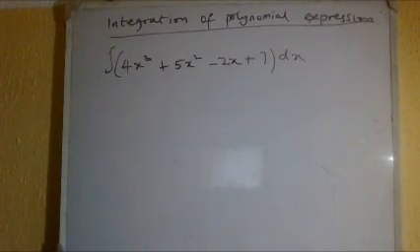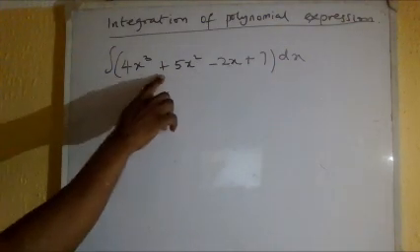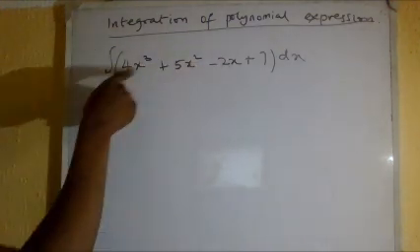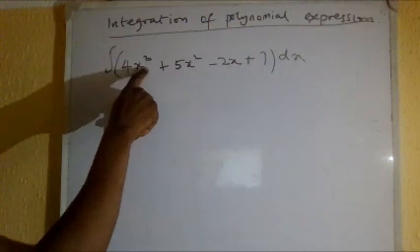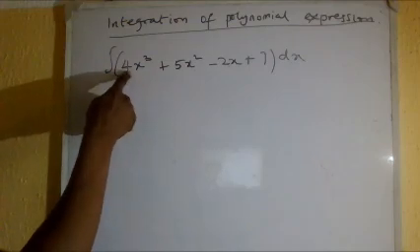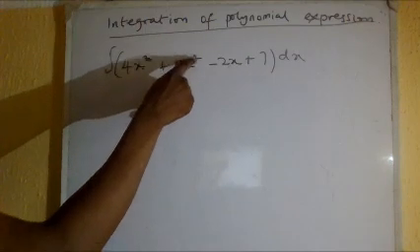Okay, so we'll move on to integration of polynomial expressions. In a polynomial expression, we just have some operations in between. You have terms inside of it, and then you have the variable having powers of more than 1. See, this one is reading 4x cubed plus 5x squared minus 2x plus 7.